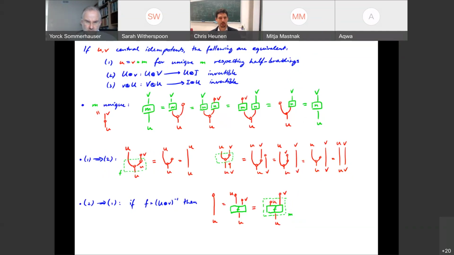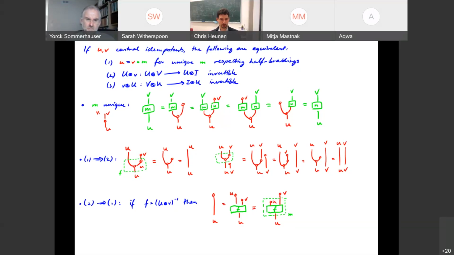First of all, the one factors through the other. The morphism it factors through, the mediating map, is automatically unique in a way that respects the half braidings. That turns out to be equivalent to saying that if I start at U tensor V and I forget the V, that's invertible. And that's the same as saying if I start at V tensor U and I forget the V, that's invertible.